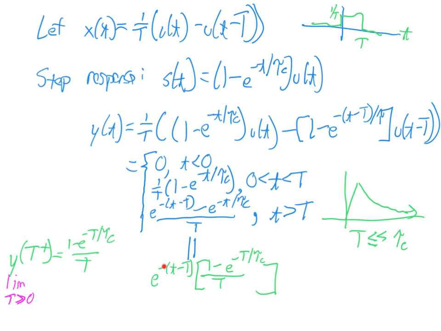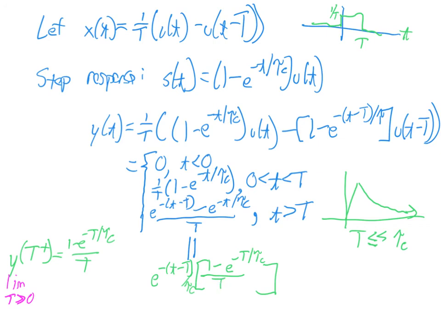Now this part outside the brackets, as capital T goes to 0, this is just, oh, and we forgot to divide by tau c there. This part, as capital T goes to 0, is just e to the minus t over tau c. So that one is well behaved. But where we need L'Hopital's rule is to deal with this part as capital T goes to 0.